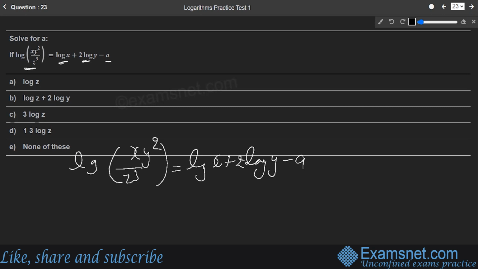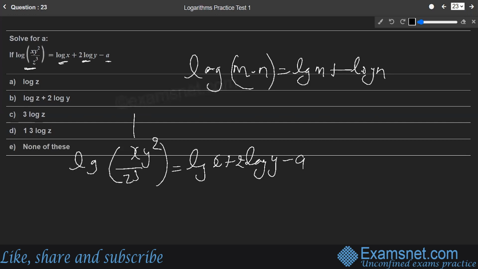Okay, so we can simply expand this. How can we expand this? We can use multiple properties. Log of m into n is equal to log m plus log n. In this way we can separate x into y square as log x plus log y square, and there is a term in the denominator also.